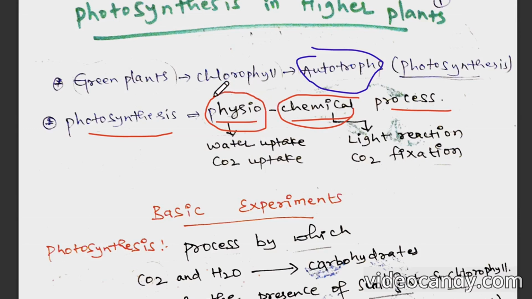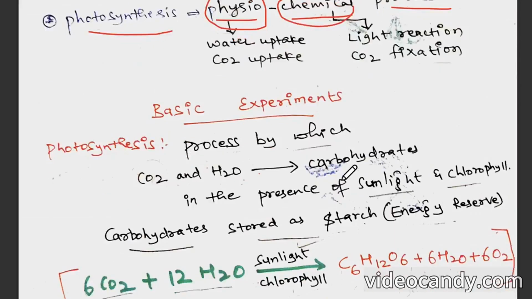These are all physiological processes. The chemical processes are light reaction, CO2 fixation, breaking of water to hydrogen and electrons, and fixation of CO2 to starch, conversion of CO2 to carbohydrates. These are all chemical processes. That's why it's a physiochemical process.